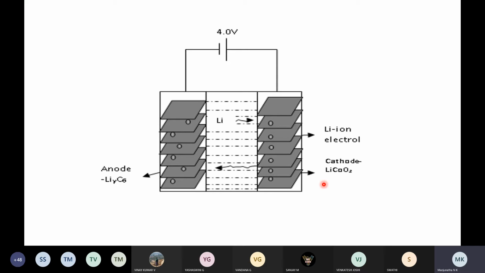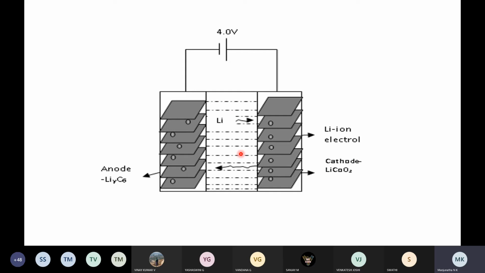Coming to the anode, cathode, separator and electrolyte materials used in the construction of this lithium cobalt oxide battery, as an example for a lithium ion battery: the first one is the anode, that is lithium carbon material, LixC6. The second one is the cathode material, that is lithiated cobalt oxide, Li(1-x)CoO2, the ionic form of lithium cobalt oxide.